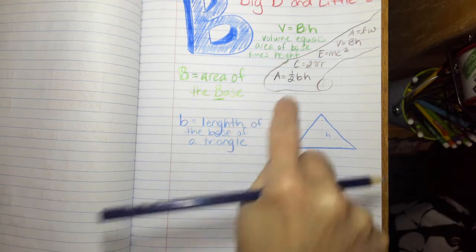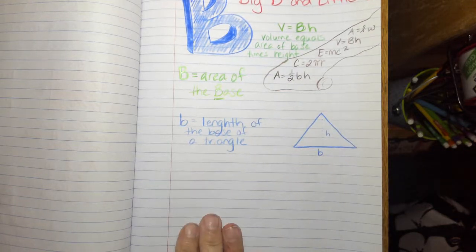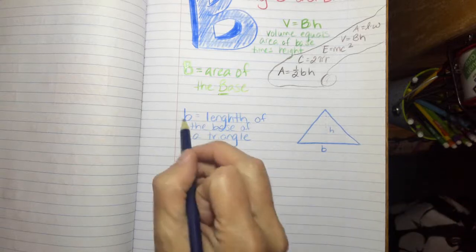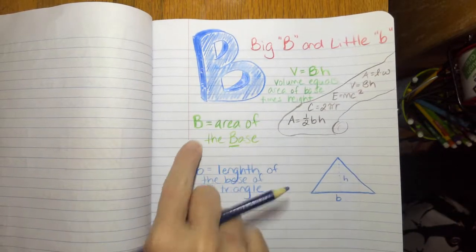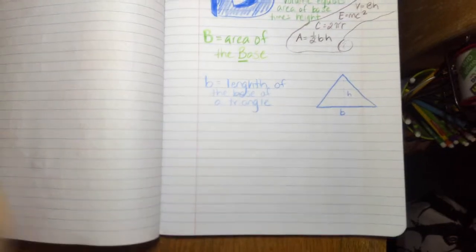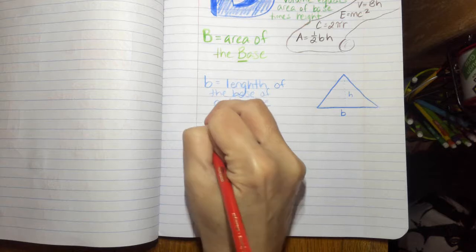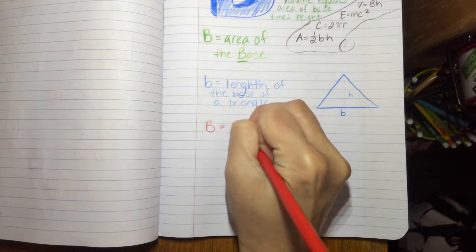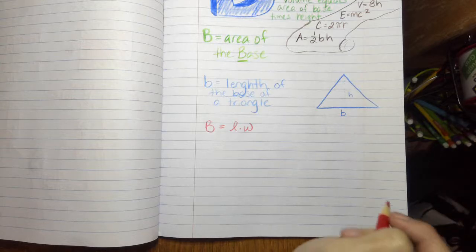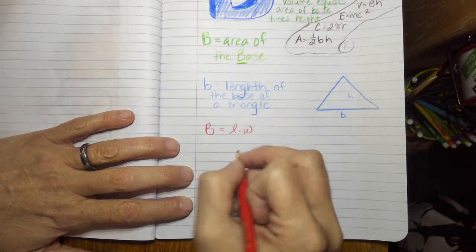There's a formula that goes with that, that you'll learn someday. And when you learn it, you'll need to know that this little b stands for something, and that we've all agreed that big B stands for the area of the base. So big B, because it's the area of the base, equals length times width, and volume is big B times the height.